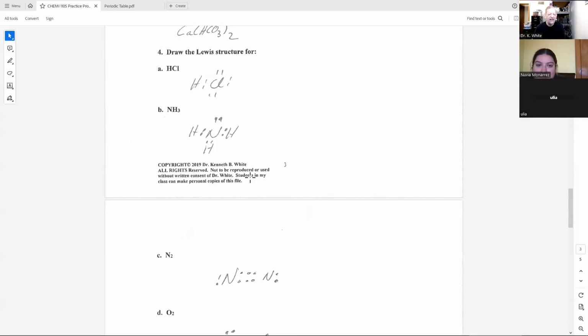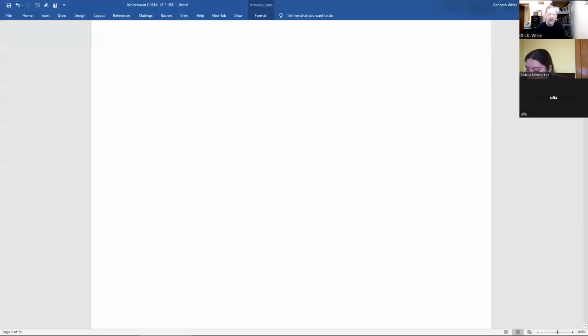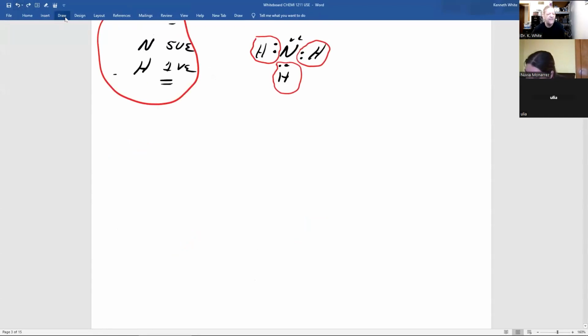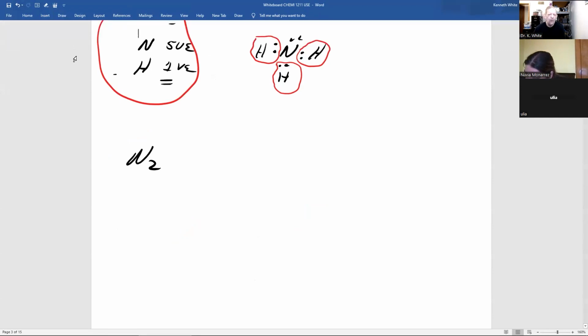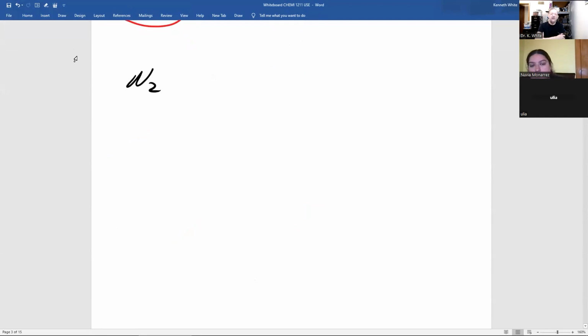All right, let's look at nitrogen gas, N2. Right now, when you're inhaling, 80% of the gas you're inhaling is nitrogen gas. So we have to figure out, what is the Lewis structure for the molecule nitrogen gas N2?